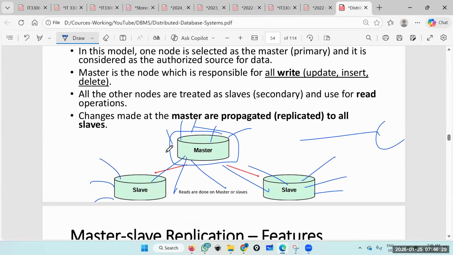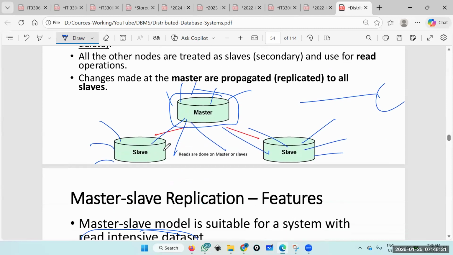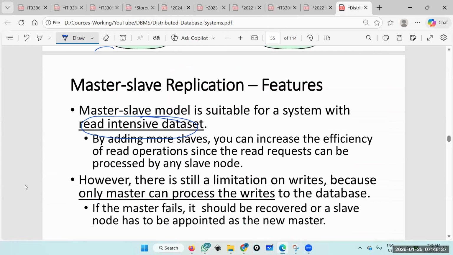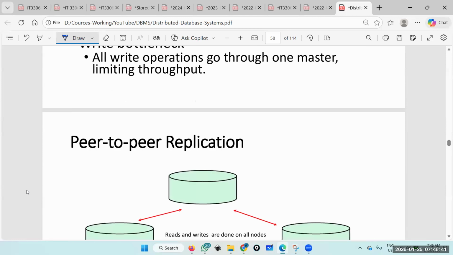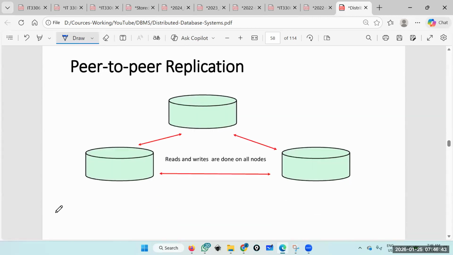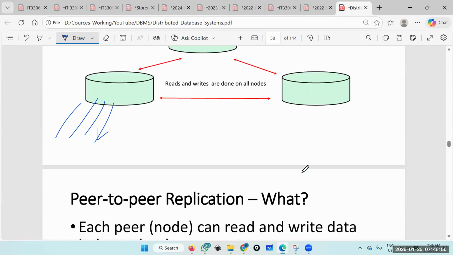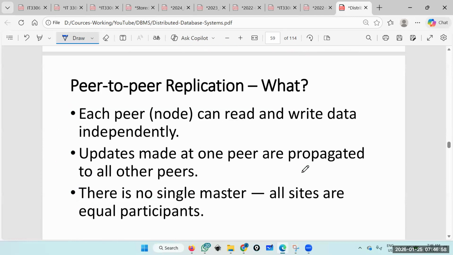So then if you read, you always get the latest. Here sometimes you write and you read the same thing and you get the old one. So that is one disadvantage. But in peer-to-peer, you update your nearest one or your related one. So therefore it's guaranteed that when you read, you always get what you write, but not on the other nodes. So those are pros and cons.